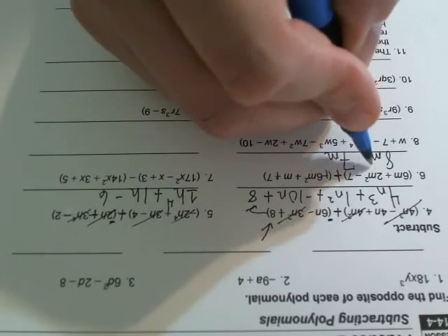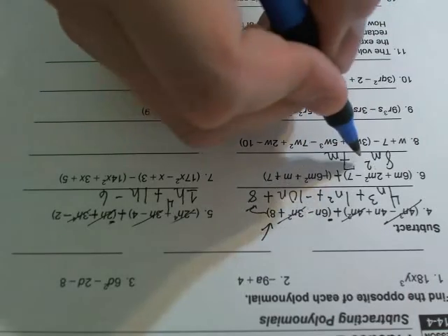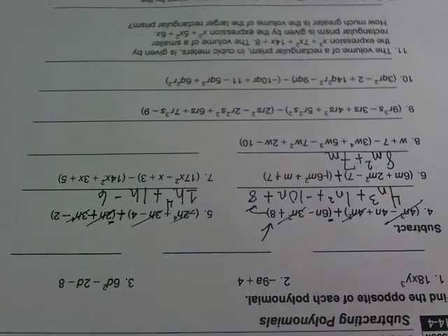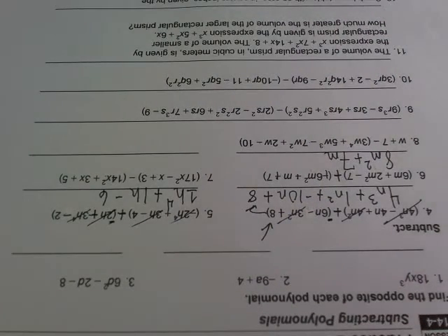And notice I'm writing that first. I'm still writing my answers in standard form or descending order. Biggest exponent first. Again, that is not a requirement of you. Nowhere in the directions does it say for you to do that. I only happen to do that because that is standard mathematical practice.